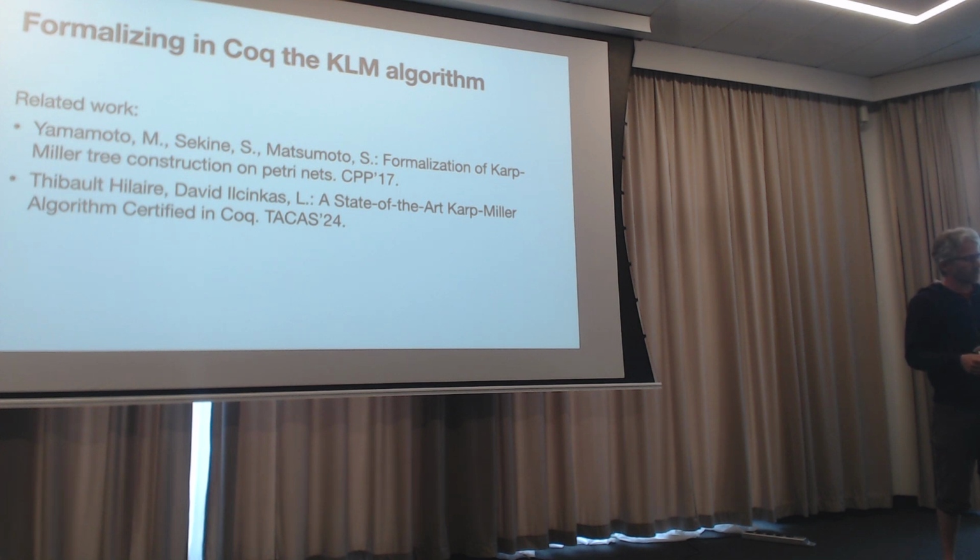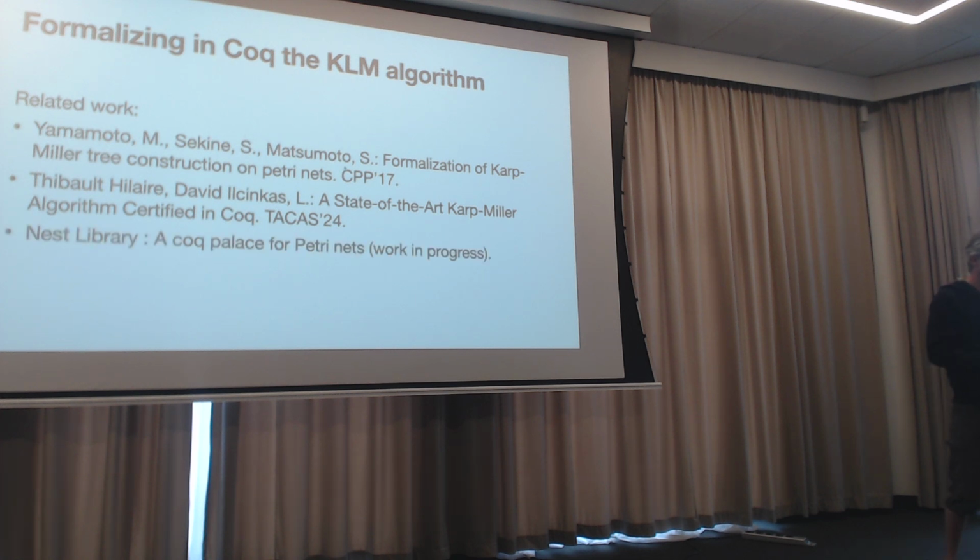And in fact, it was possible to do the job, starting from the library implemented by those guys. But it was just for the Karp-Miller algorithm. And now, what we are interested in is to develop a library for Petri nets. And I would like to give you some demo for the moment.